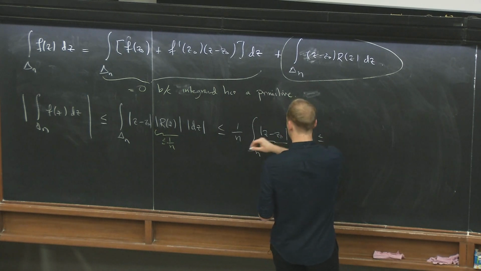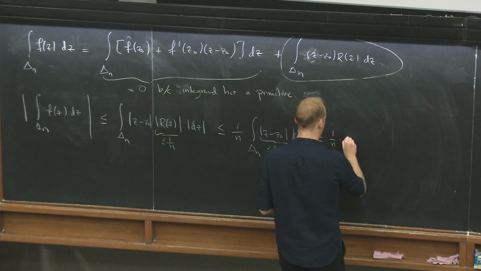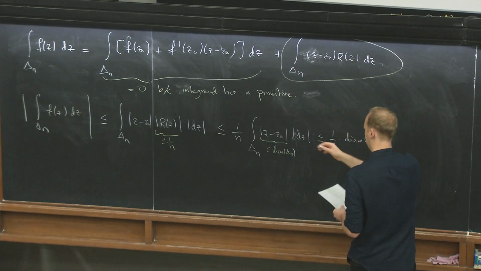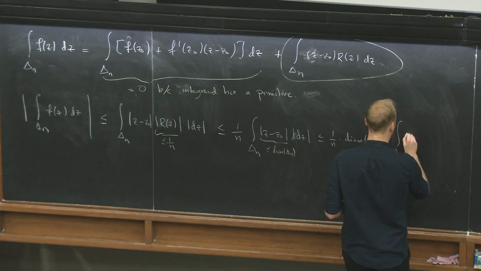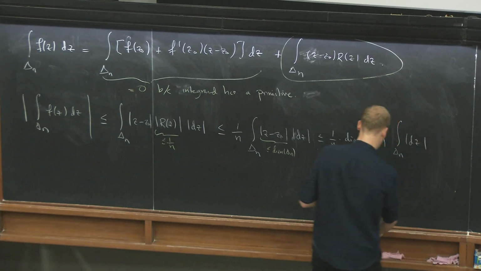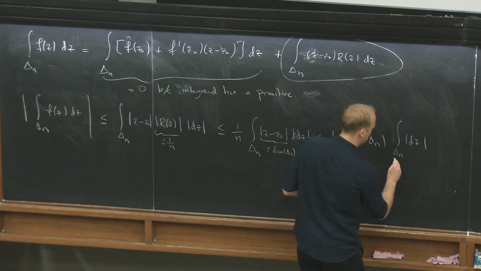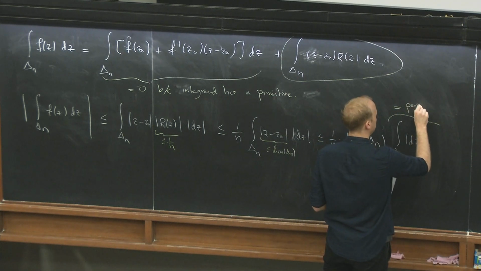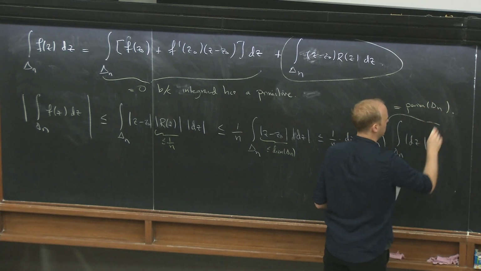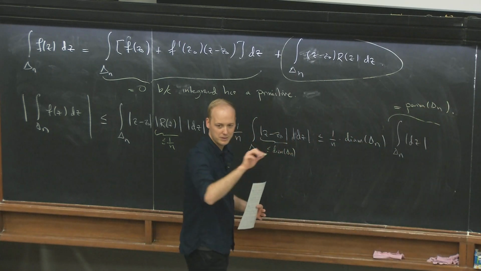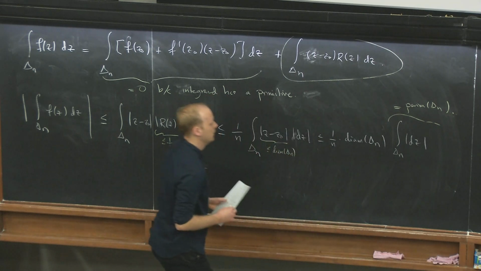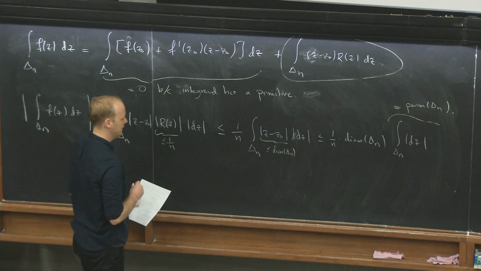So this is less than or equal to 1 over n times the diameter of delta n times the integral over delta n of this. Whoops. But this is equal to then the perimeter of delta n, right? Perimeter is the sum of all the lengths of the sides of the triangle. Okay, so this is what is meant by that.